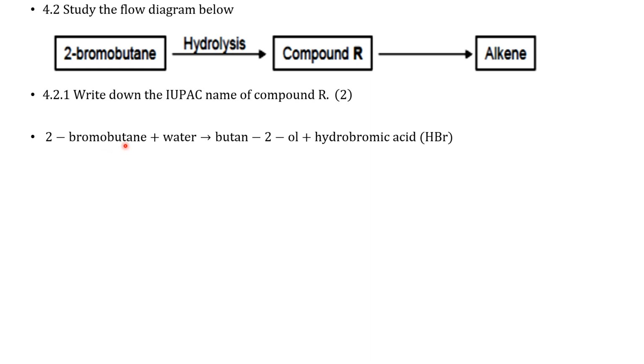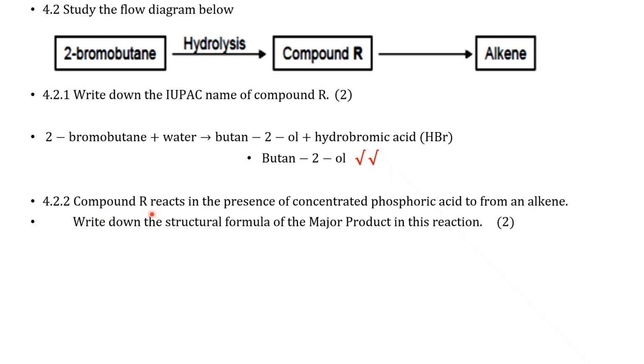So we're going from a haloalkane to an alcohol plus acid. So compound R is butan-2-ol, the alcohol. That's 2 marks.